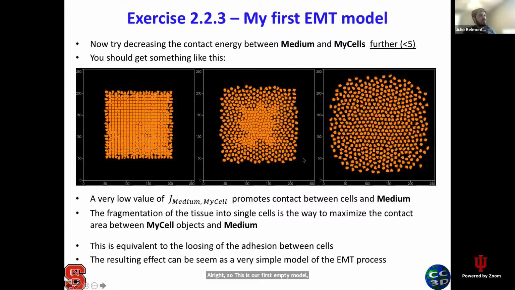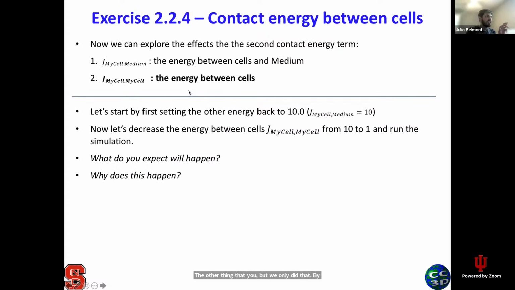So we actually reproduce this spreading, okay? Before, your cells made a very tight monolayer, right? Then you change the energy value in the model, and the cells start to spread. So this can be thought of as an epithelial to mesenchymal transition. But we only did that by changing one energy, the energy between cells and medium.